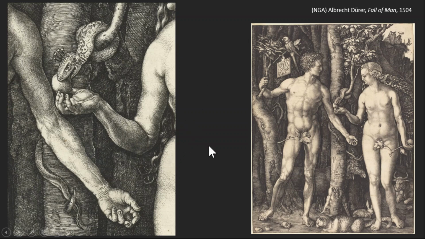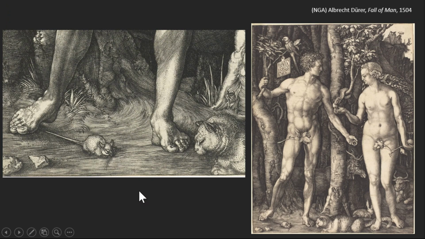And you'll notice that it's Adam's lean toward Eve that sets up his contrapposto pose, with all of the weight borne on his proper left leg. But as he shifts his weight that way, he's removing less and less weight from his right leg on your left. And you'll see what happens here is that as he shifts more weight off of that leg, the mouse is going to be let go.